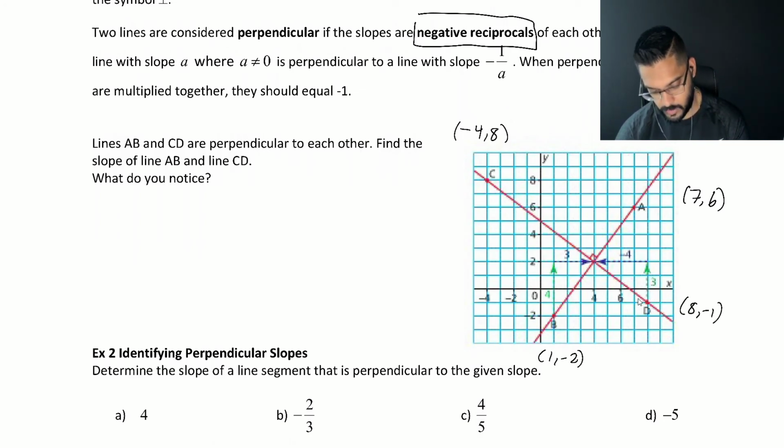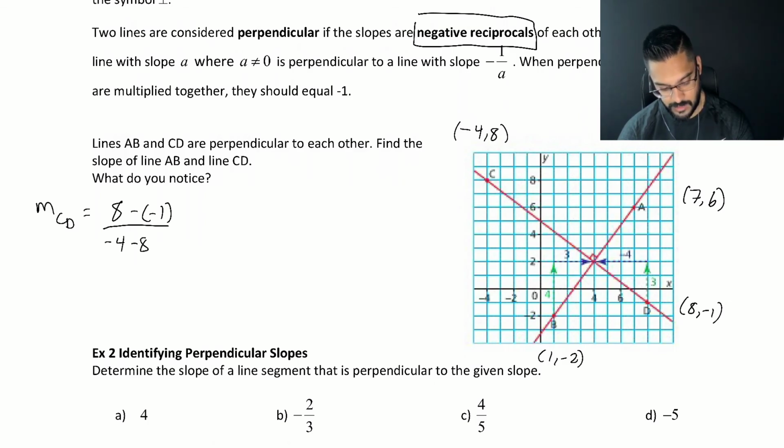So if we find the slopes of these two lines, C to D first, the slope of CD, subtract the y's first, 8 minus -1, and then -4 minus 8. That'll give me a 9 on the top, a -12 on the bottom.